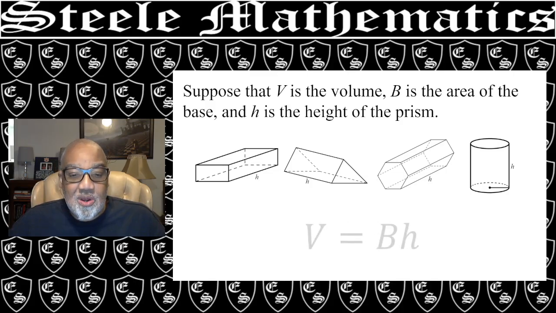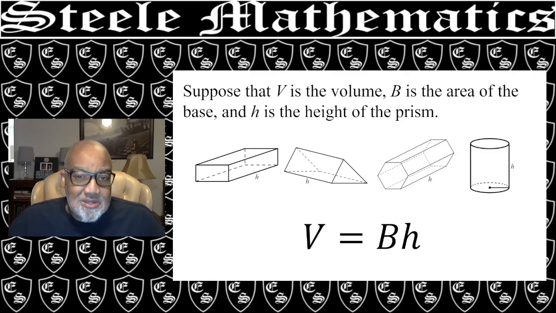Then the volume of that prism is the area of the base times the height of the prism. Now, how you find the area of the base depends on what the base is shaped like. But you'll see what I'm talking about when I show you the examples.